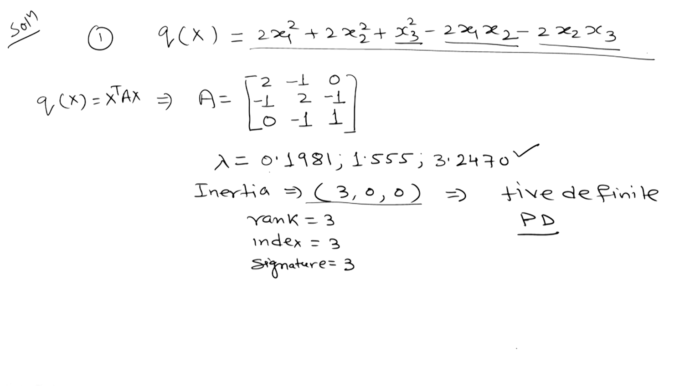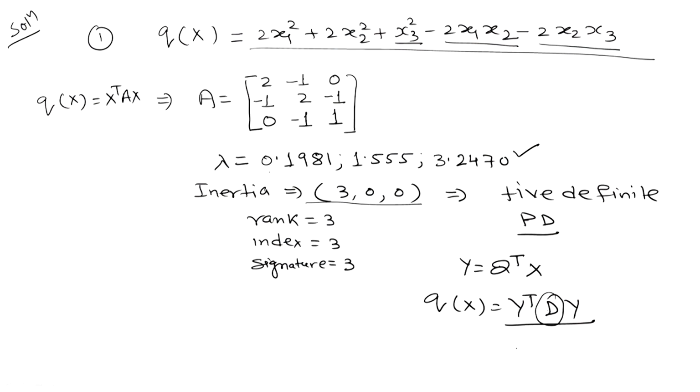I will ask you to work this out and find a suitable transformation y equals Q transpose x such that q(x) can be written as y transpose D y, the corresponding diagonal representation of the quadratic form, and you will see the entries of D will be 0.1981, 1.555 and 3.2470.